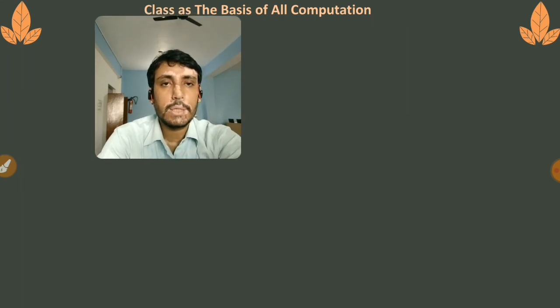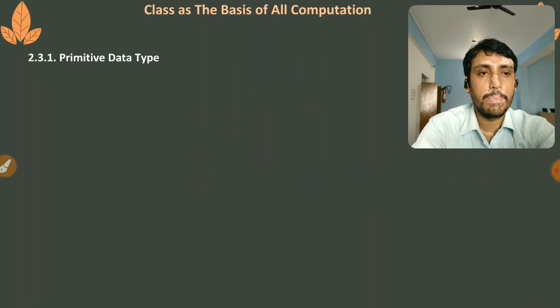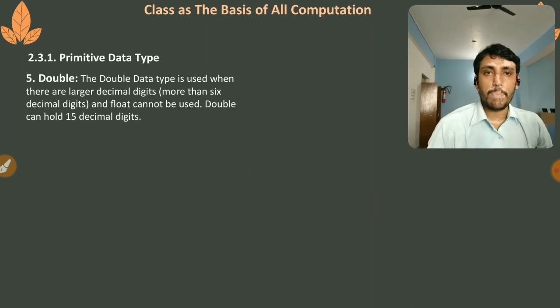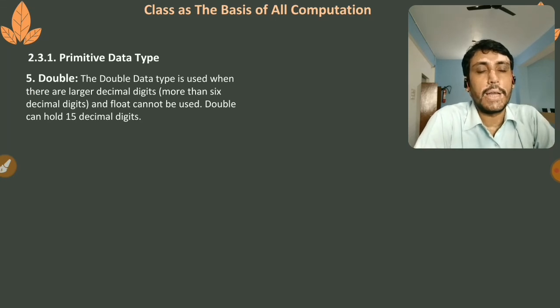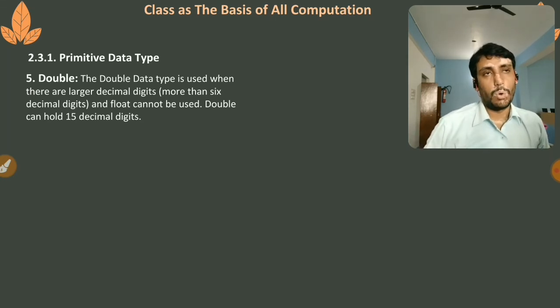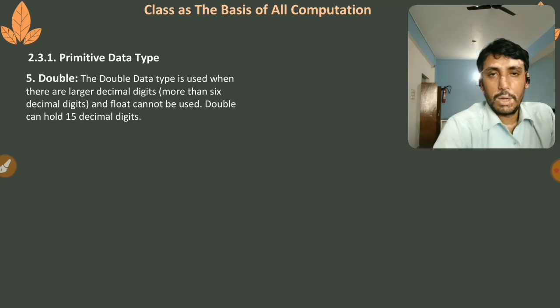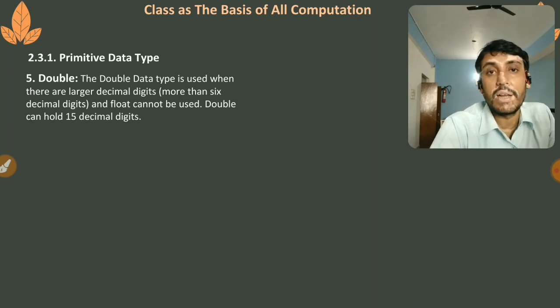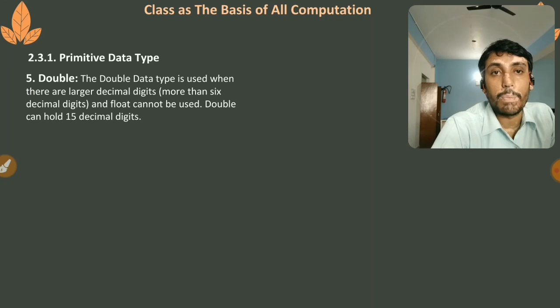So like this, another primitive data type, double. The double data type is used when there are larger decimal digits. When we talk about double, that means decimal values of more than 6 decimal digits, where float cannot be used.